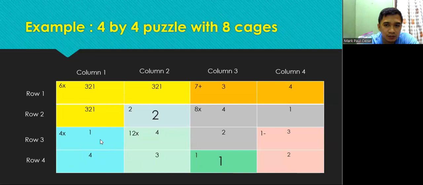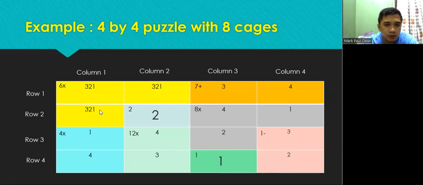Okay, last number. So our last target number is 6. So are we still good with this one? Let us check. For row 4, we have 4, 3, 1, 2. And for row 3, we have 1, 4, 2, 3. So we're still good. So let's move on to this last target number. We have a combination of 3 times 2 times 1.